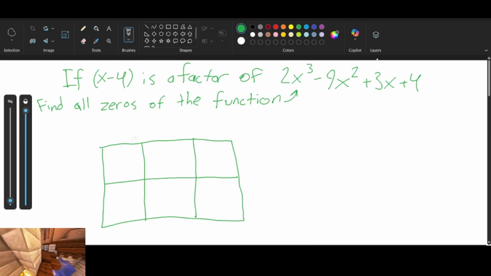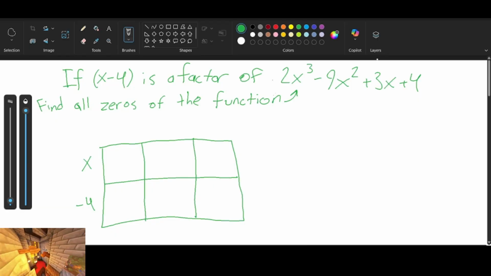But I know that my box has to be 3 boxes wide. Why? Because we have a degree 3 polynomial. Remember, degree is our highest exponent in standard form, not necessarily in factored form, but I know that we need 3 boxes. And since we're going to be dividing by this x minus 4, that x minus 4 is going to be on the side.